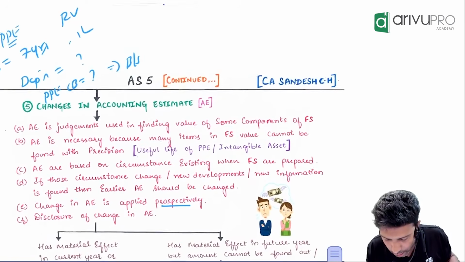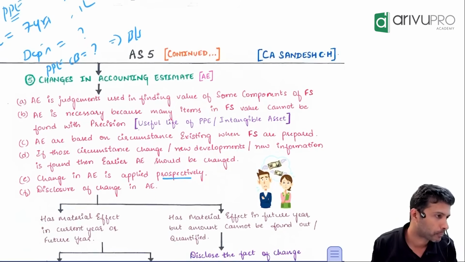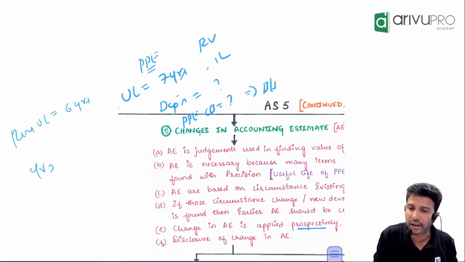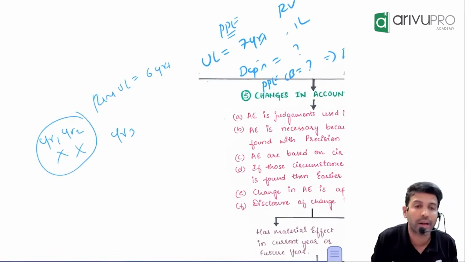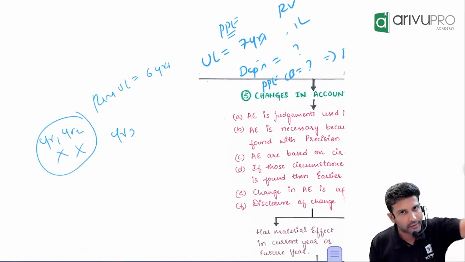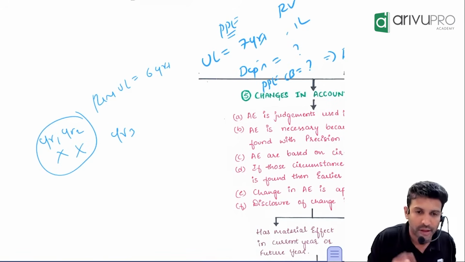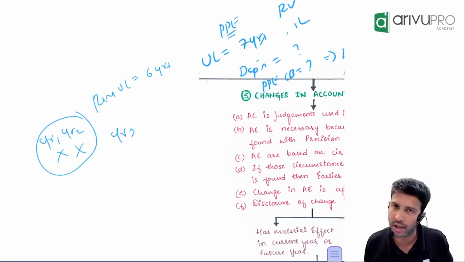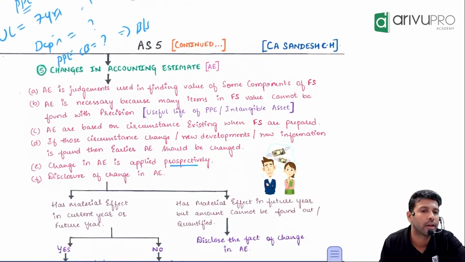The standard says accounting estimate changes are always applied prospectively. Meaning, if the estimate changes in year 3, do you have to worry about year 1 and year 2? You don't have to worry. Whatever you have done is gone. You only have to worry about year 3 onwards. That's what we mean by prospective effect.